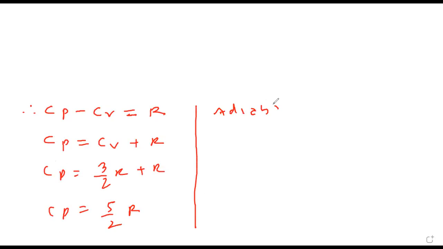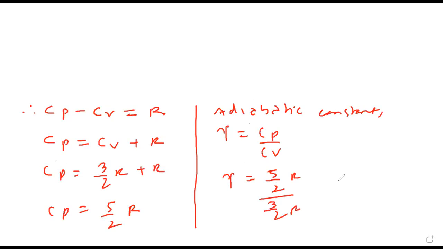Now adiabatic constant denoted by gamma is the ratio of specific heat at constant pressure to constant volume. So 5 by 2 R upon 3 by 2 R. R by 2, R by 2 cancel. Gamma equals 5 by 3.